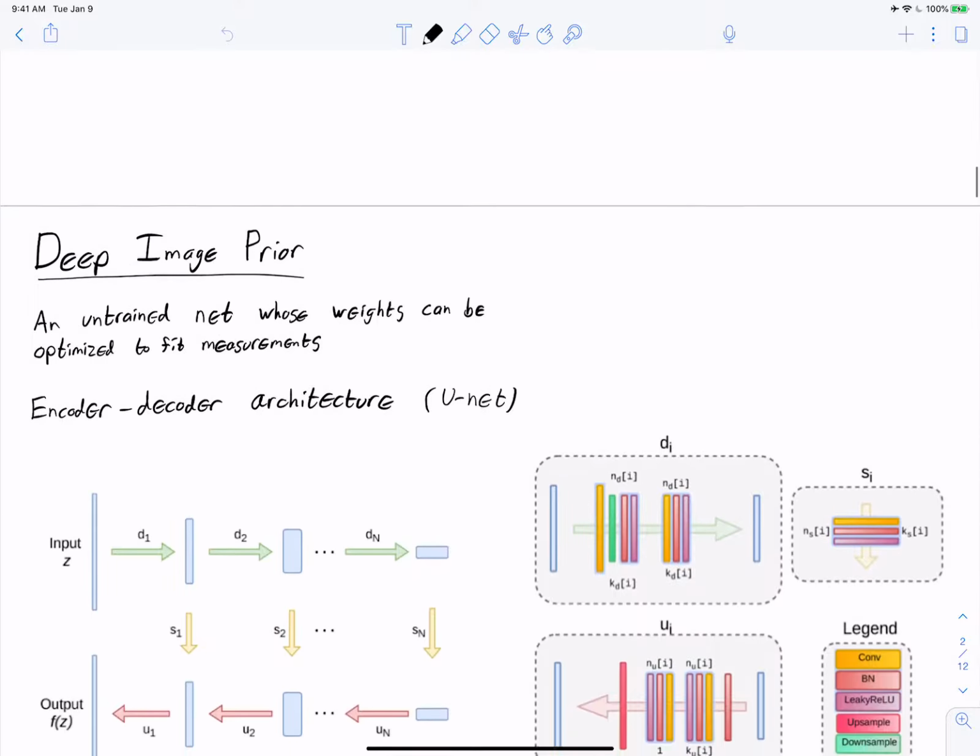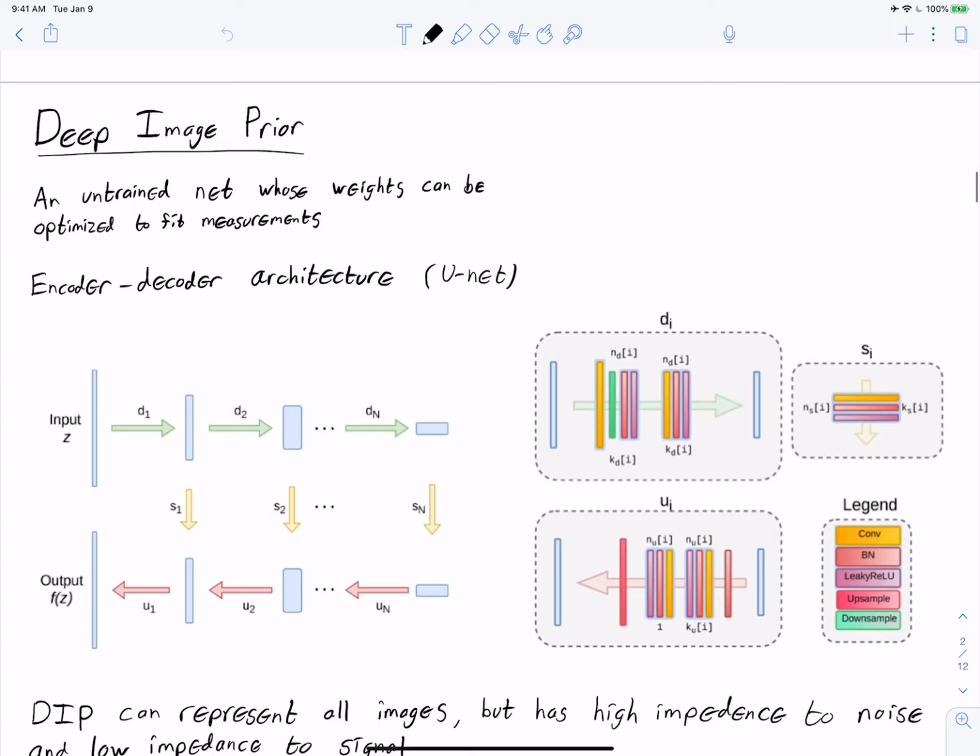All right, let's begin with the deep image prior. The deep image prior is an untrained neural network whose weights can be optimized in order to fit measurements. Right? So it's a neural net, so we can talk about its architecture. And this net is going to have an encoder-decoder architecture, which is going to follow a U-net.